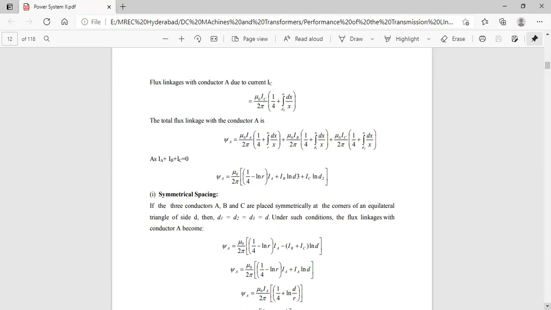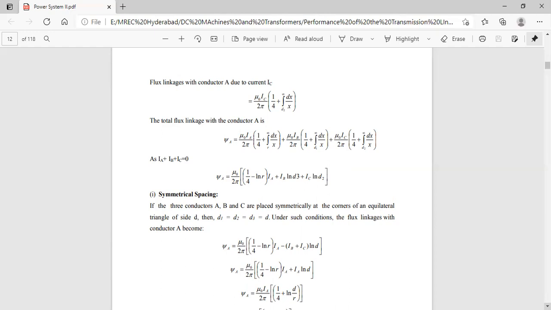To simplify the equations, the total flux linkage in conductor A due to its own current and the mutual flux from conductors B and C is mu naught divided by 2 pi into 1 by 4 minus ln of r into IA plus IB into ln of D3 plus IC into ln of D2. So this is the final equation for the total flux linkage in conductor A due to the self flux and mutual flux.